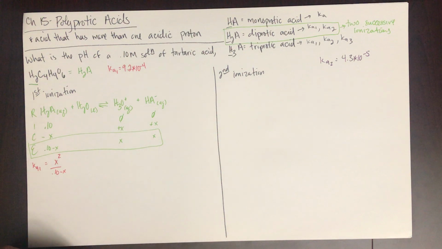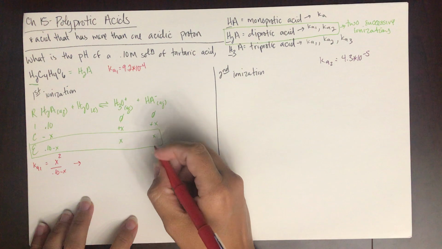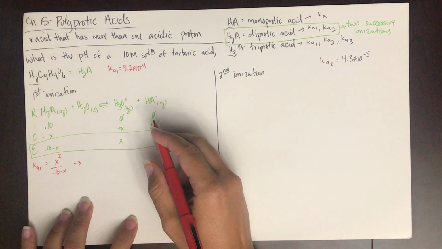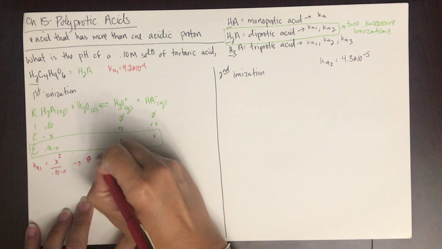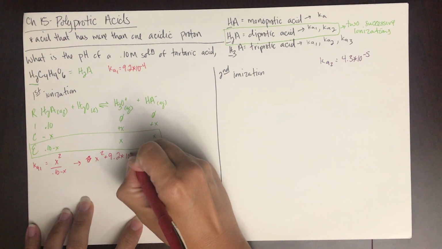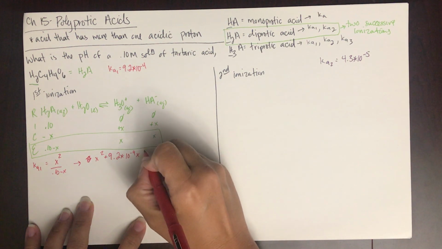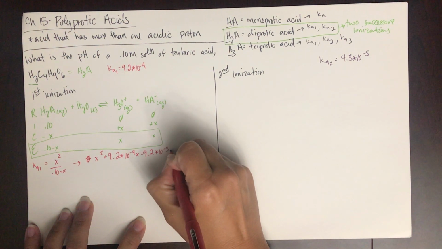I am going to work through the math of this quickly. If you want all of the work shown out, I'm happy to do that for you. When I put this in ax squared plus bx plus c form, I get x squared plus 9.2 times 10 to the negative 4th x minus 9.2 times 10 to the negative 5th equals 0.